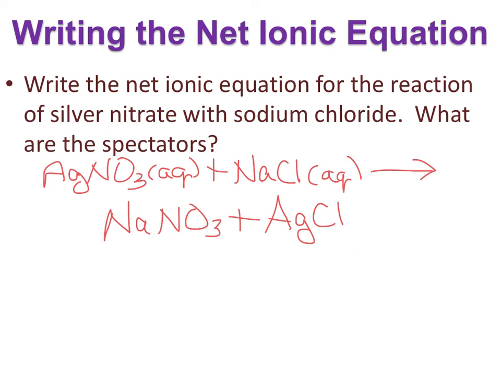Determine if either of the products is insoluble. NaNO3 has sodium in it, so by Rule 1 it is soluble and gets an aq. By Rule 3, silver chloride is an exception to the chlorides being soluble, hence AgCl is a precipitate and gets an s.